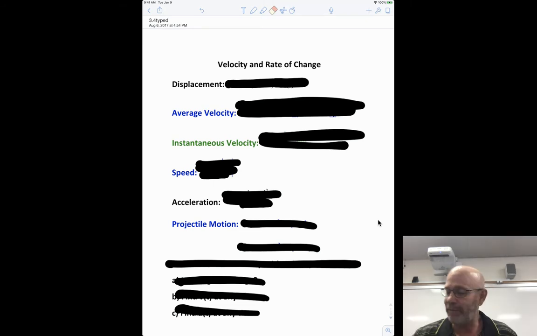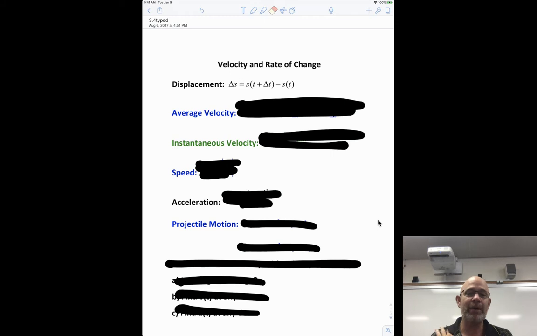So just a little notation first. Notation not so important. It's just the idea that's most important. We're going to do some Algebra 2 review today also. So displacement would be how far something's moved. Typically we use the letter S for position. That's common terminology in math, S is position.